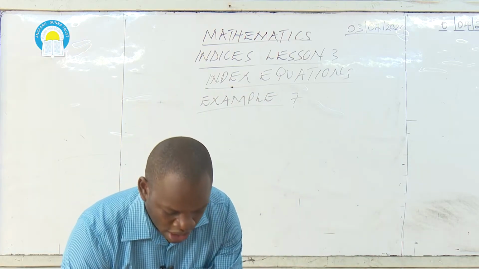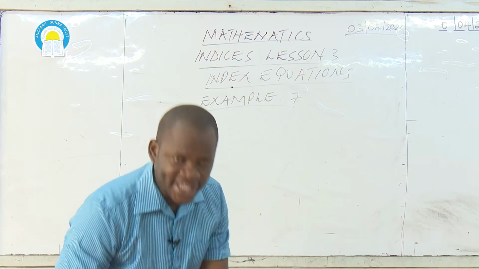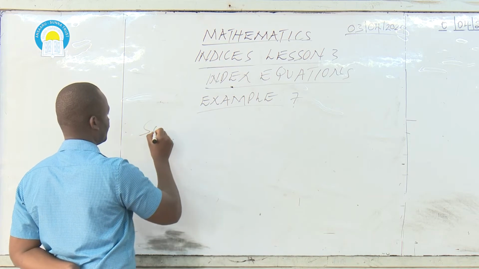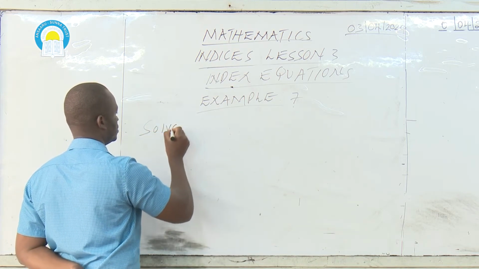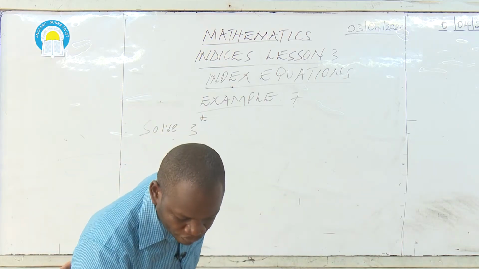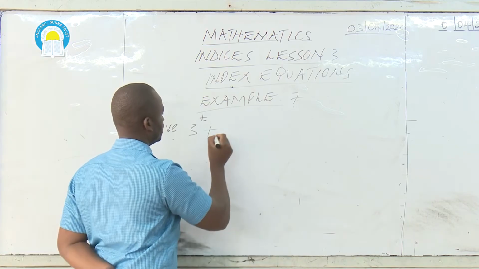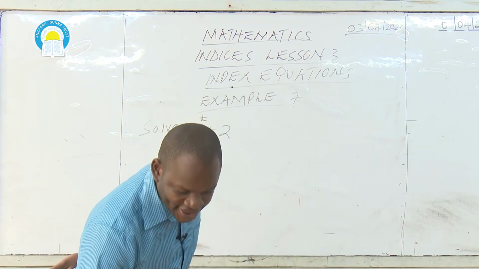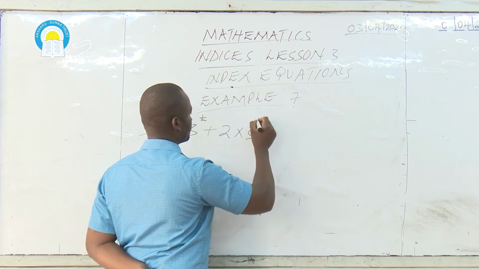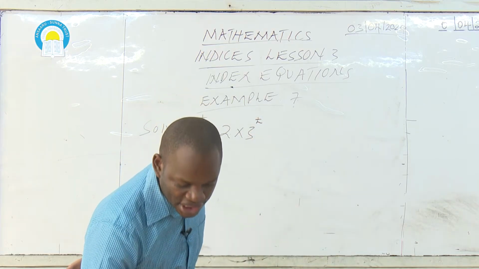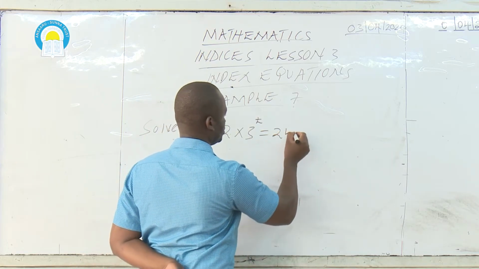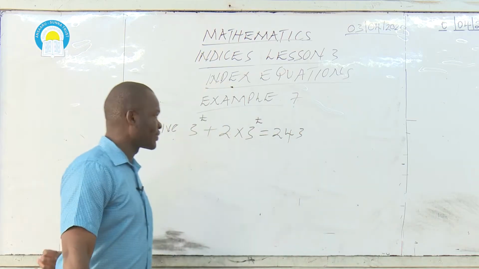Example number 7. We have 3 power t. Solve 3 power t plus 2 times 3 power t is equal to what? 243.